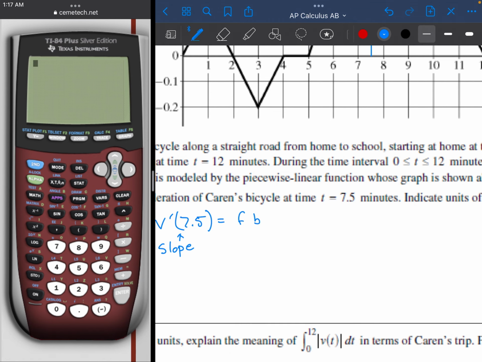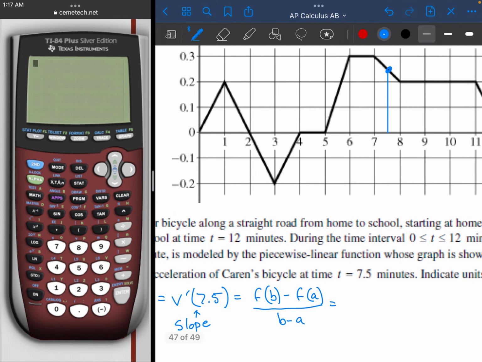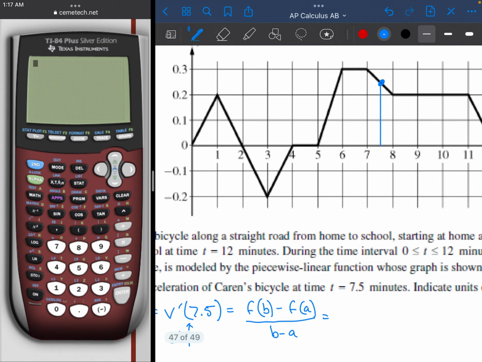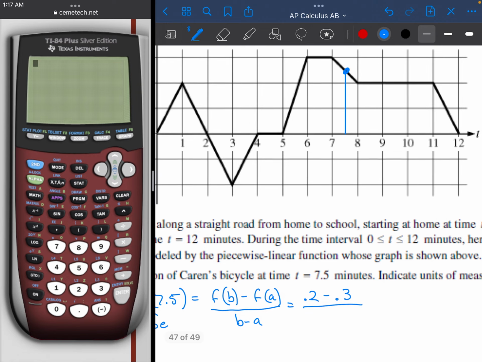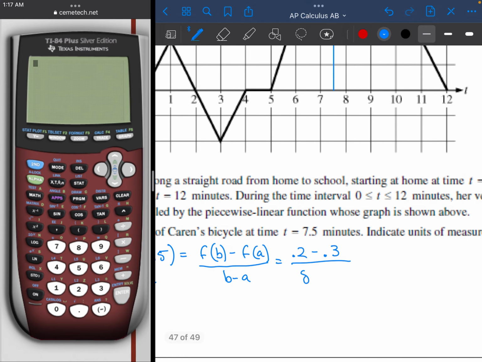It's f of b minus f of a all over b minus a. In this case, we're going to have some y coordinates. So our y coordinates, I'm going to do 0.2, then 0.3. So 0.2 minus 0.3, all of this divided by 8 minus 7.